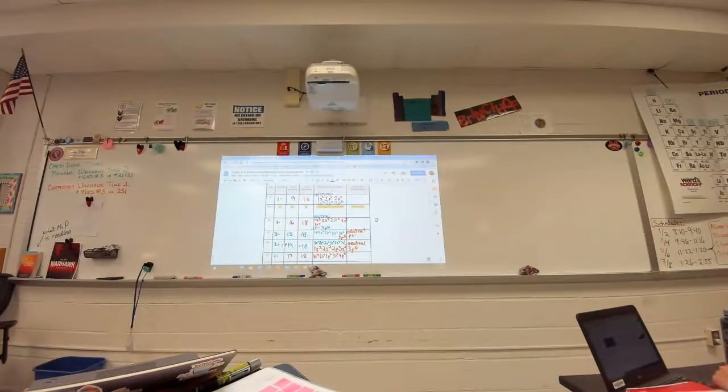What was the next guy? Sulfur. Sulfur's here. -2. Electron configuration-wise, it's now here. Next guy is phosphorus, here. We're saying -3. Electron configuration-wise, it's now here.